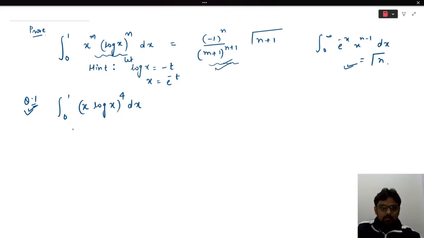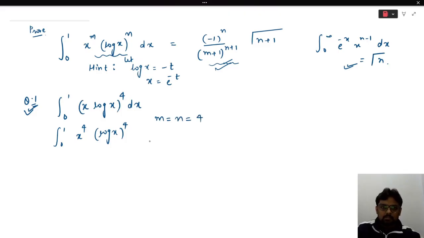So we notice that we can write it as 0 to 1 x to the power 4 log x to the power 4. So the value of m and n is m equals n equals 4 here.